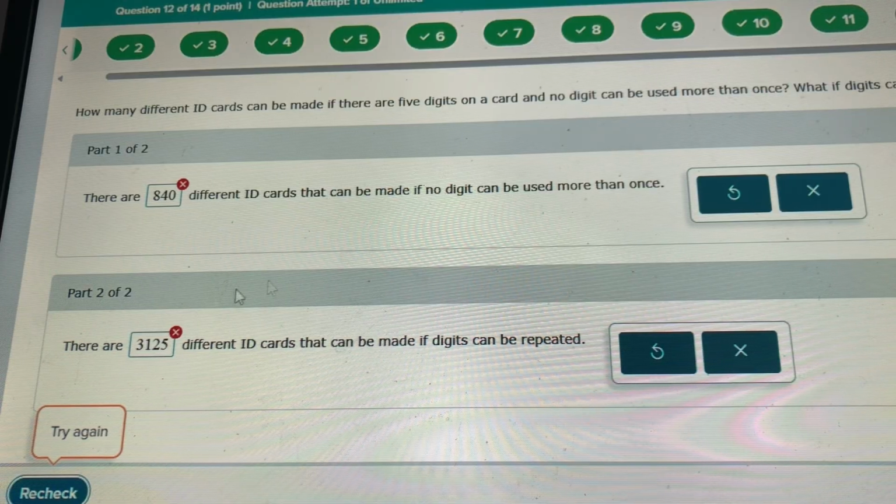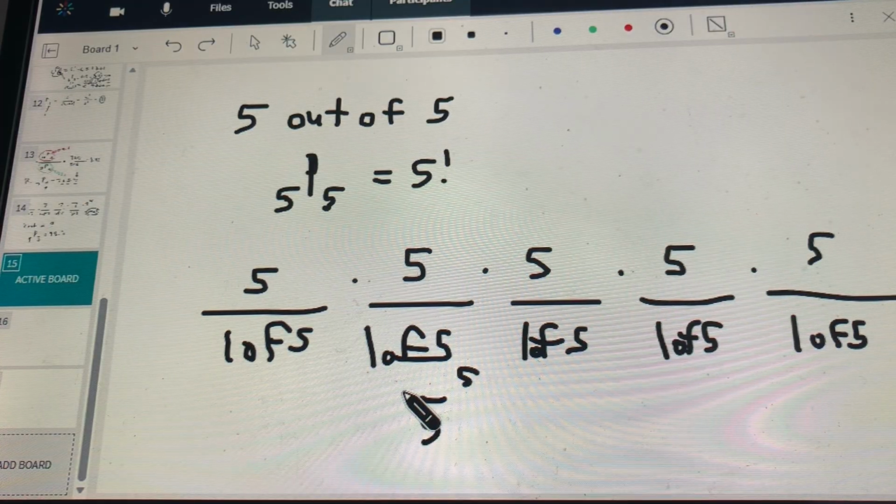Are we using all of them? How many different ID cards can be made if the digits can be repeated? Okay, so that's, oh, I did get the first one wrong too. I know it's wrong. There's not 5 digits to start with, that's the problem.